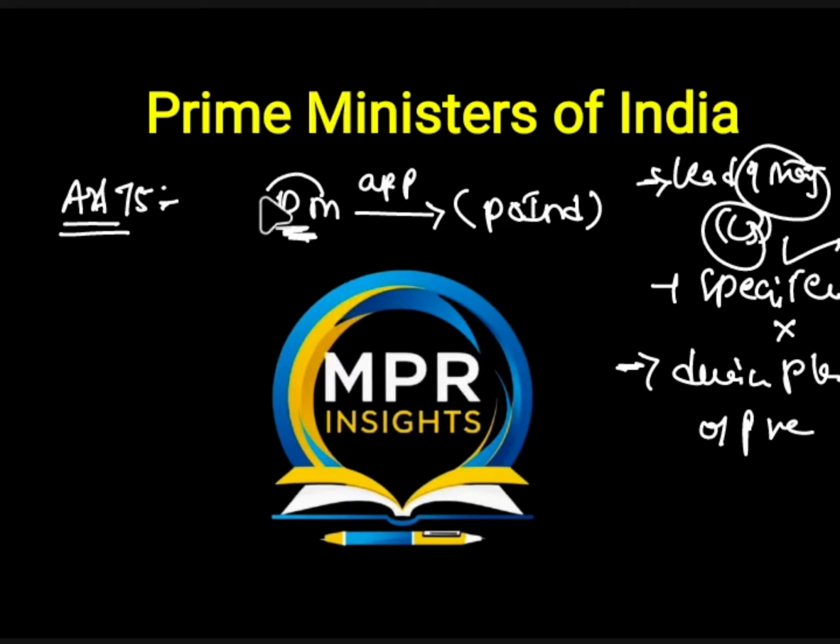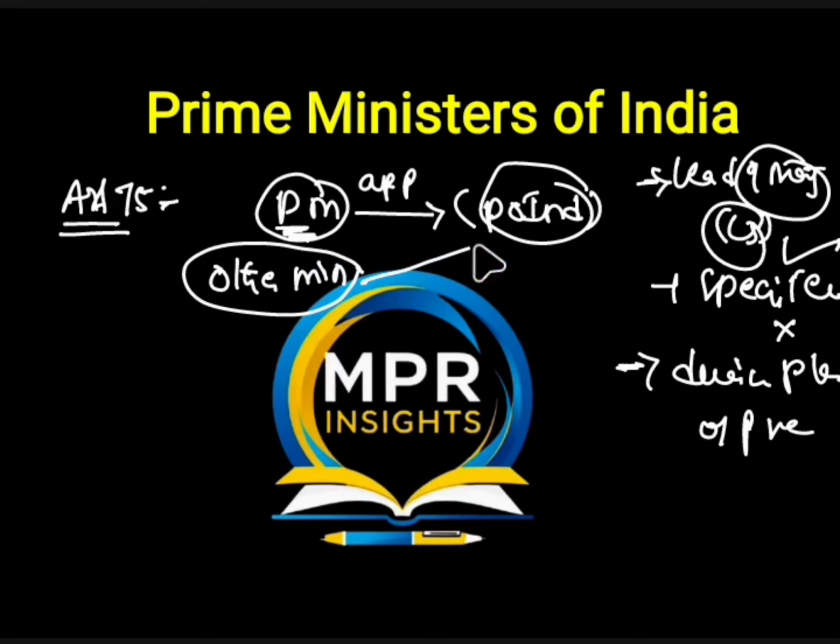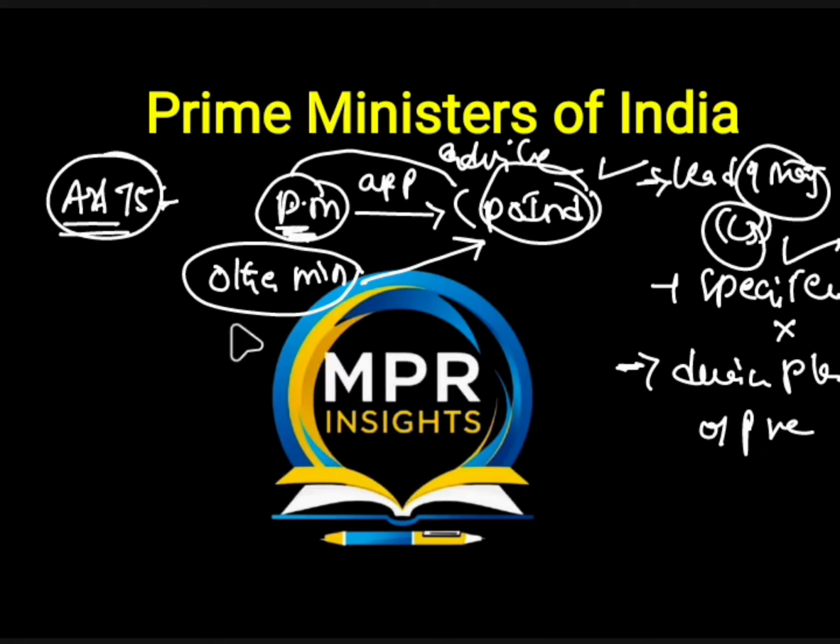The Prime Minister is appointed by the President of India, and other ministers, meaning the Council of Ministers, are also appointed by the President, but only on the advice of the Prime Minister.